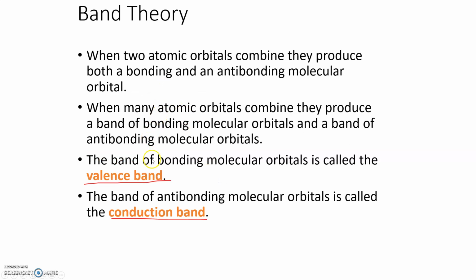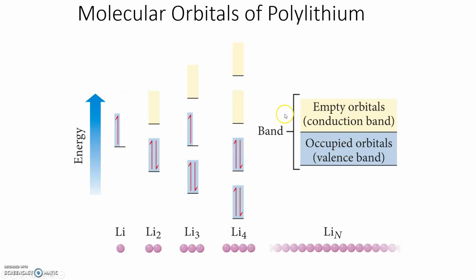As you can see, the band theory explains that we can have a band of bonding molecular orbitals that is called the valence band, and a band of antibonding molecular orbitals that is called the conduction band.